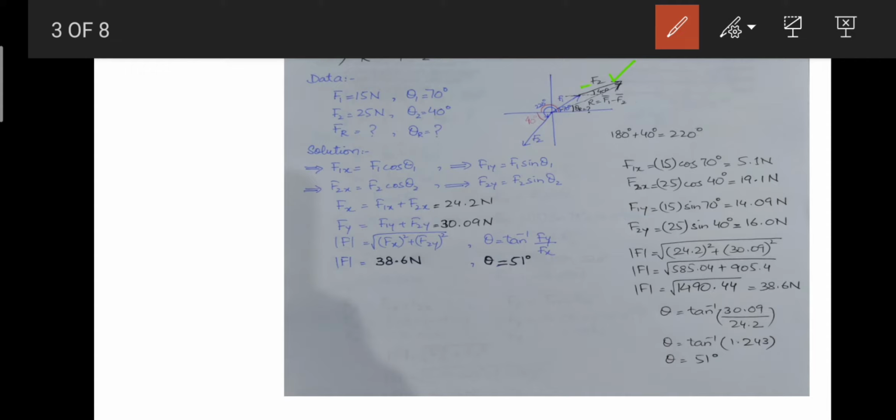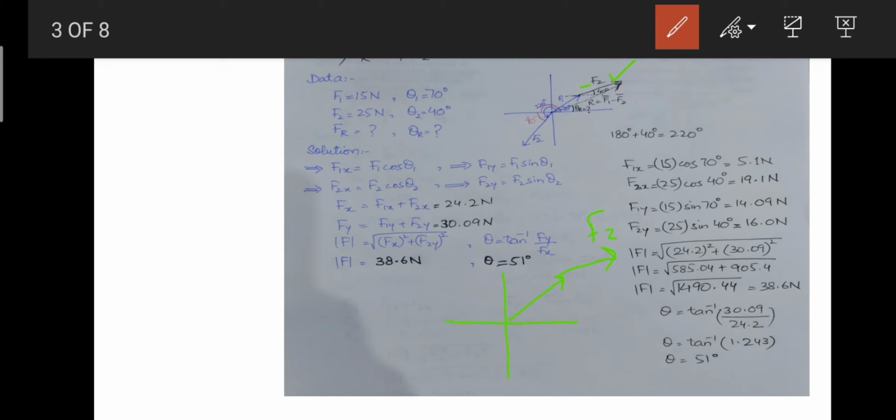Now talking about the angle we have, I know that the angle for this would be taken as 40 degrees. How can we say that this angle is 40 degrees? Consider this is the condition, this is F1, and this is F2, right?